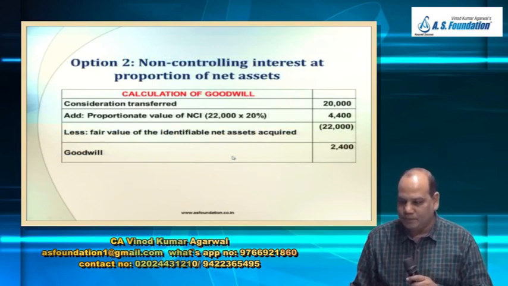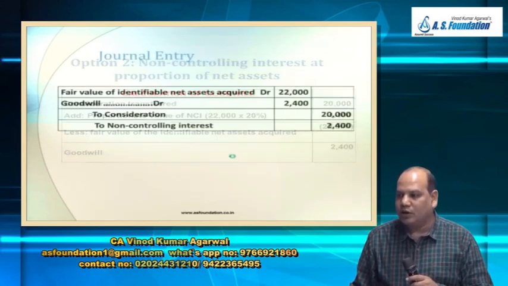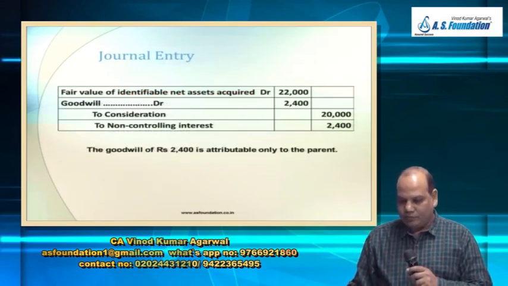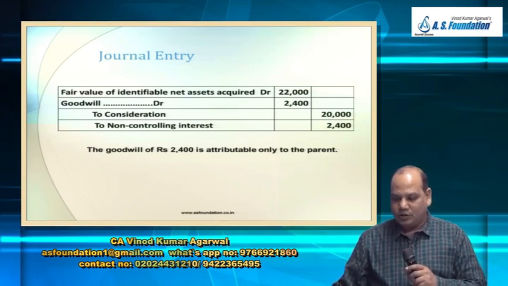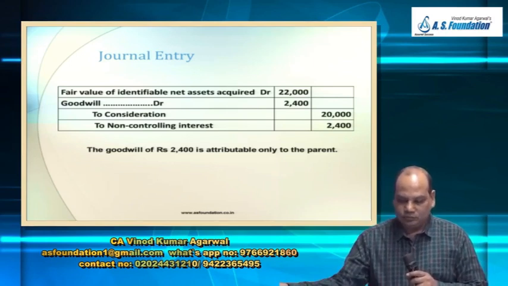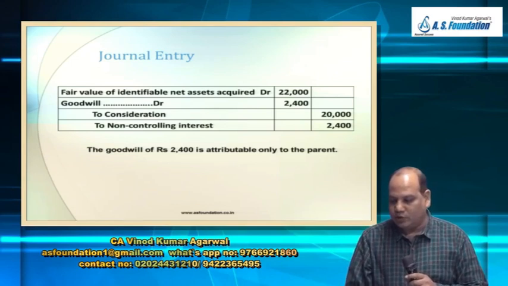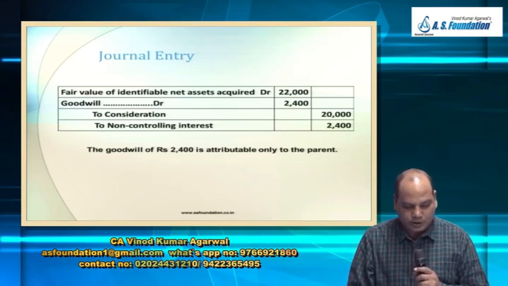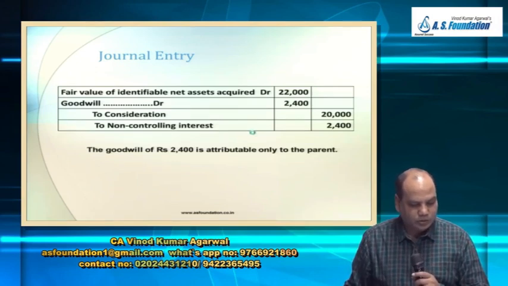Okay? And then write down one more note. In proportionate share in net asset method, goodwill is attributable only to the parent.